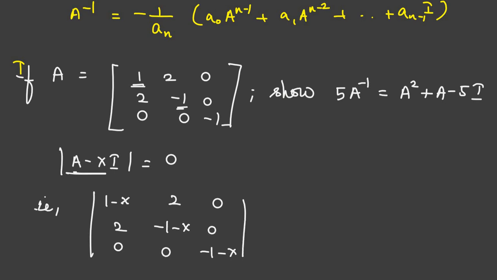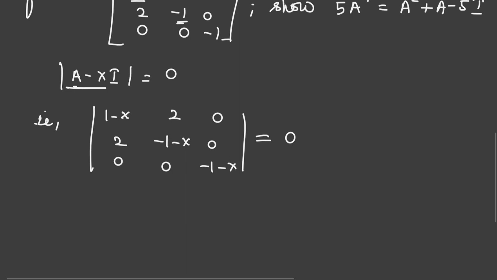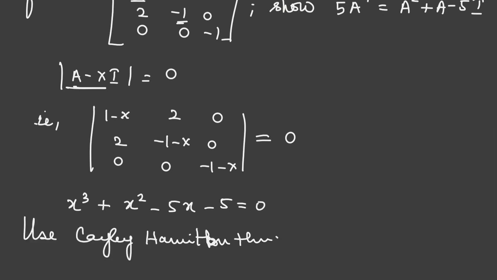Now this is equal to 0. Expanding the determinant and simplifying, we get the equation x cube plus x square minus 5x minus 5 is equal to 0. Now, by the theorem, substitute the value of x as A, which gives us A cube plus A squared minus 5A minus 5I is equal to 0.